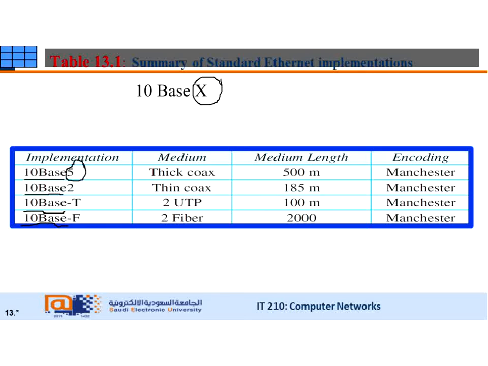Now we have X. This X varies. In the first case, X is 5. In the second case, X is 2, then we have T, and then F. So in this nomenclature, what does 10 represent? 10 represents the data rate, 10 Mbps.